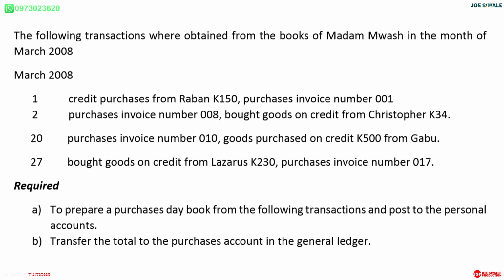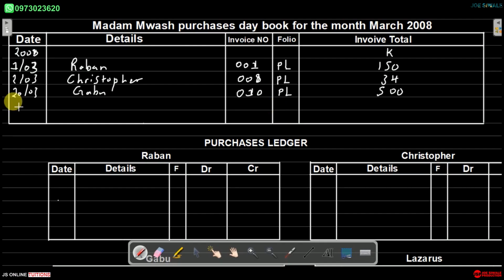Then our last transaction occurred on the 27th of March, bought goods on credit from Lazarus amounting to 230 kwacha, purchases invoice number 017. So we'll say on the 27th of March there, we'll say Lazarus in our details column.